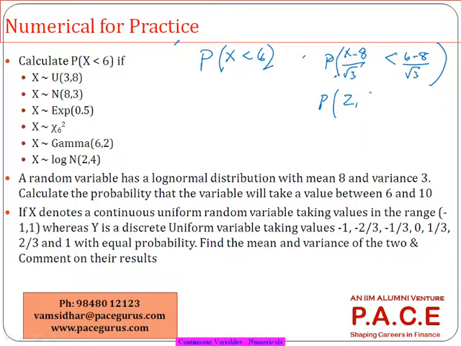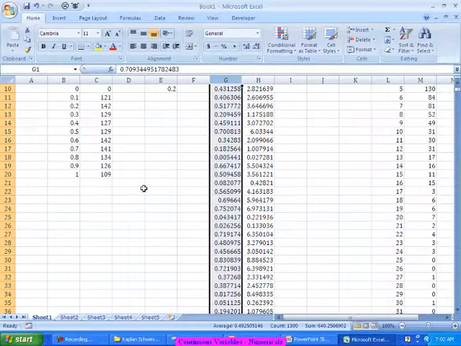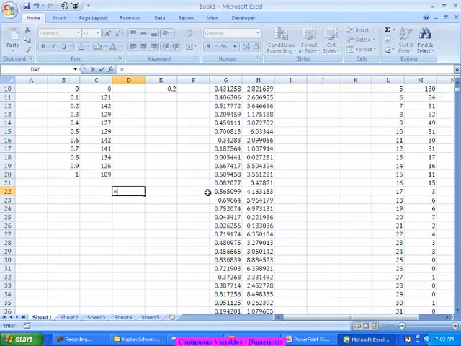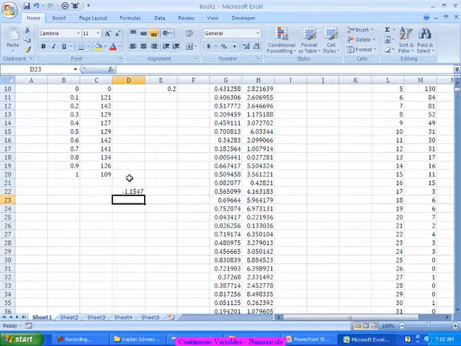So what is the value I have to refer to in the tables? 6 minus 8 divided by square root 3, which is coming out to minus 1.15.